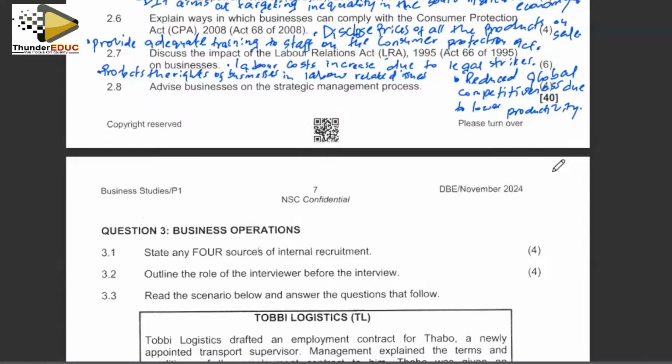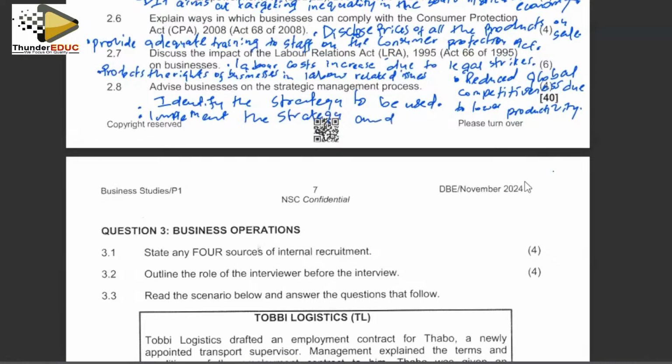First of all, as a business, you must identify the strategy to be used, and also make sure that you implement the strategy and evaluate progress.